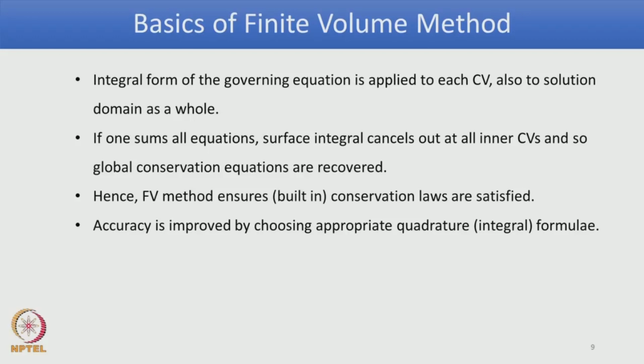And in the case of finite volume, one more point to note, as I mentioned before: though it is an integral over the surface, we have different quantities, one is a convection flux, the other is a diffusion flux, and they need to be treated separately for some problems, or they may be treated the same in other problems, or in the same domain they may be treated the same or differently depending on the nature of the solution within that problem description. So, accuracy is improved by choosing an appropriate integral formula or quadrature formula which approximates the expression in the integral equation.